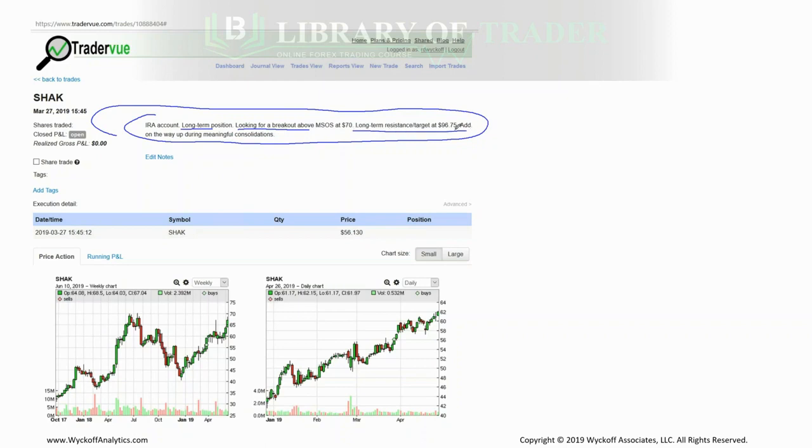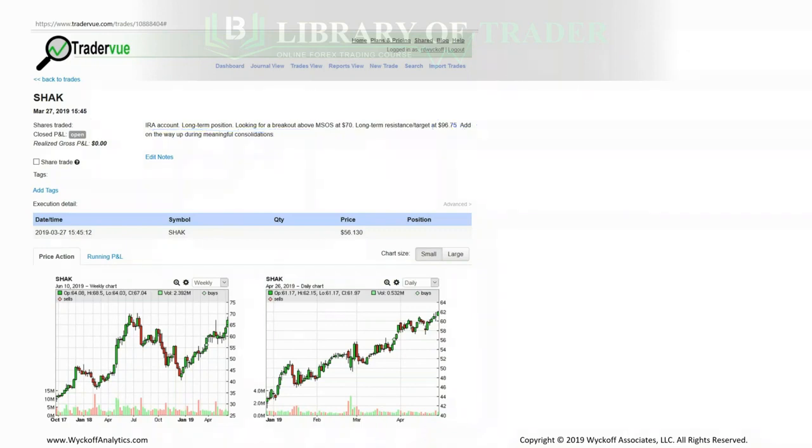Long-term resistance target is around this area. It went to actually 108. Add on the way up during meaningful consolidations. It's actually very interesting how I keep saying this to myself and then I keep not doing this. So something to catch as a mistake.